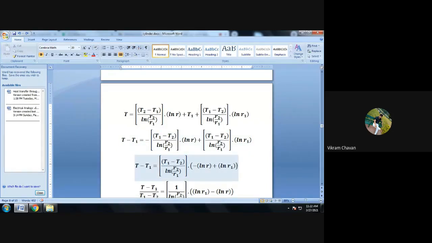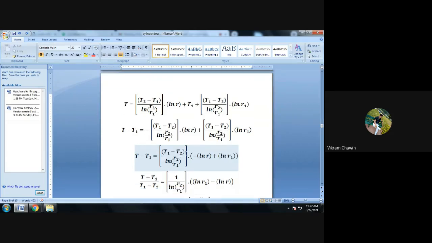Bracket complete. Now we have rearranged this by shifting T1 minus T2 to the other side, to the left side.